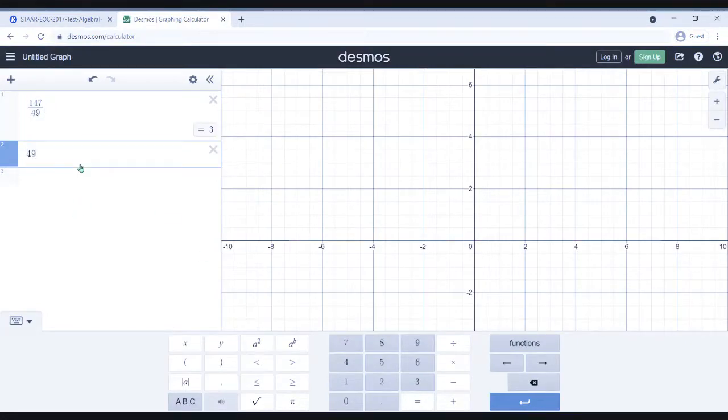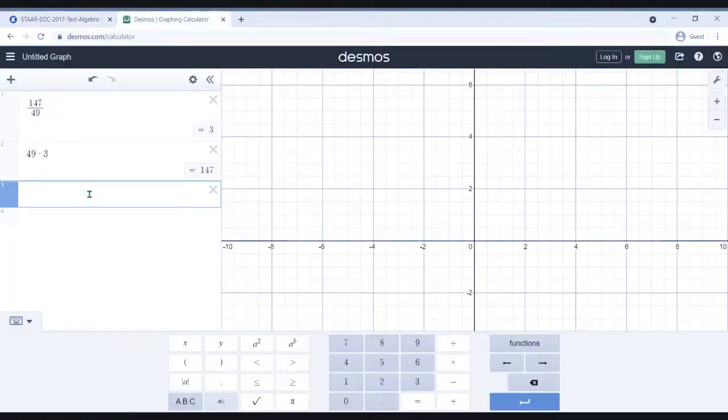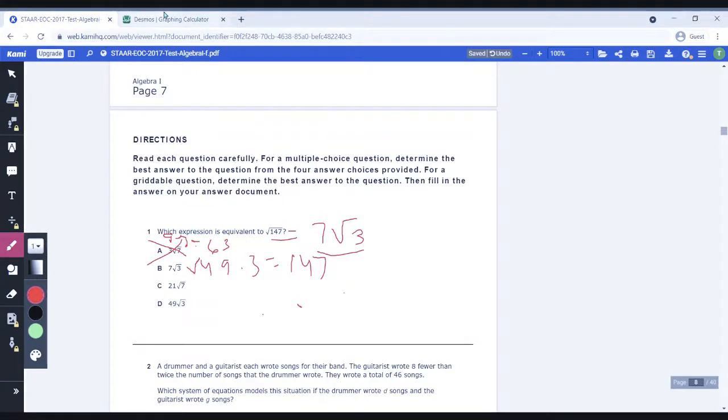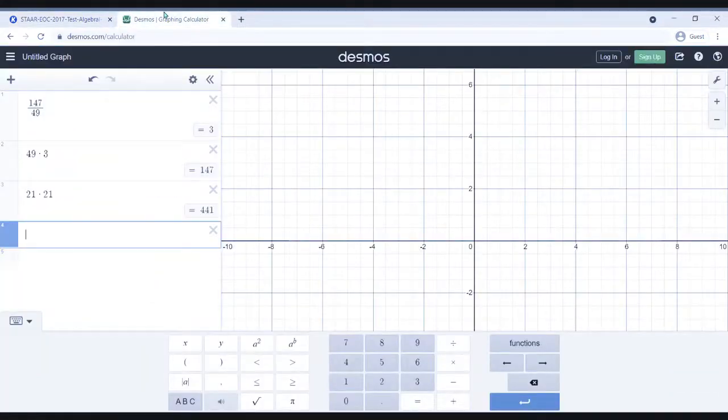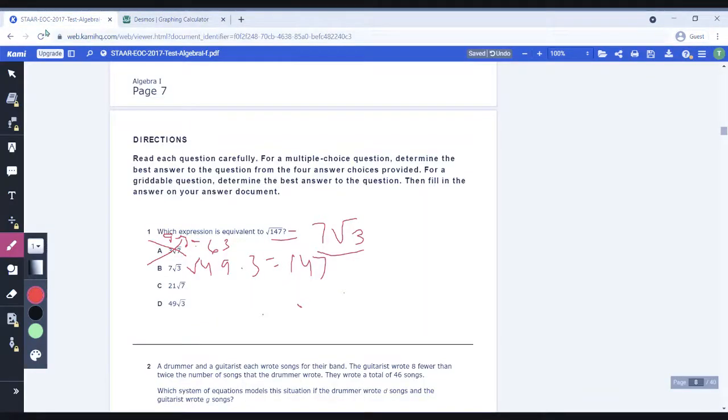So that is true, but we're not for certain. 21 squared is 21 times 21, which is 441, times 7, which would be 3,087.